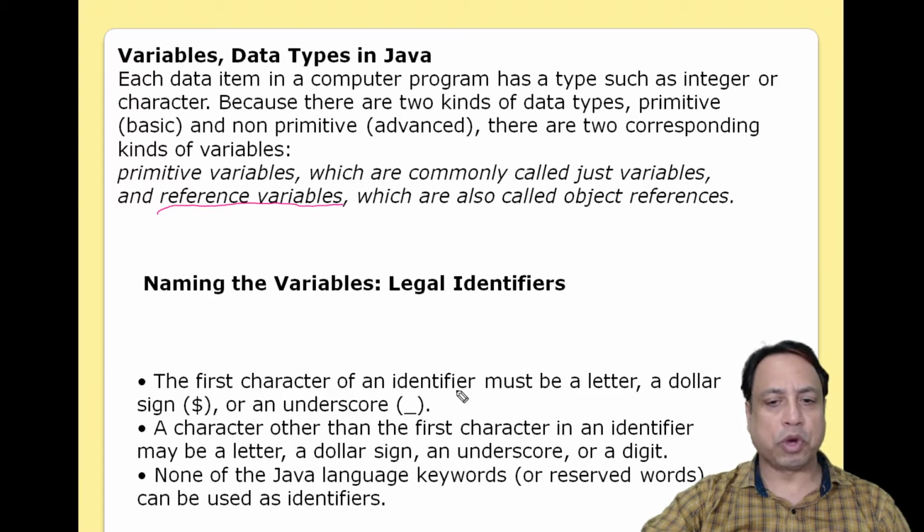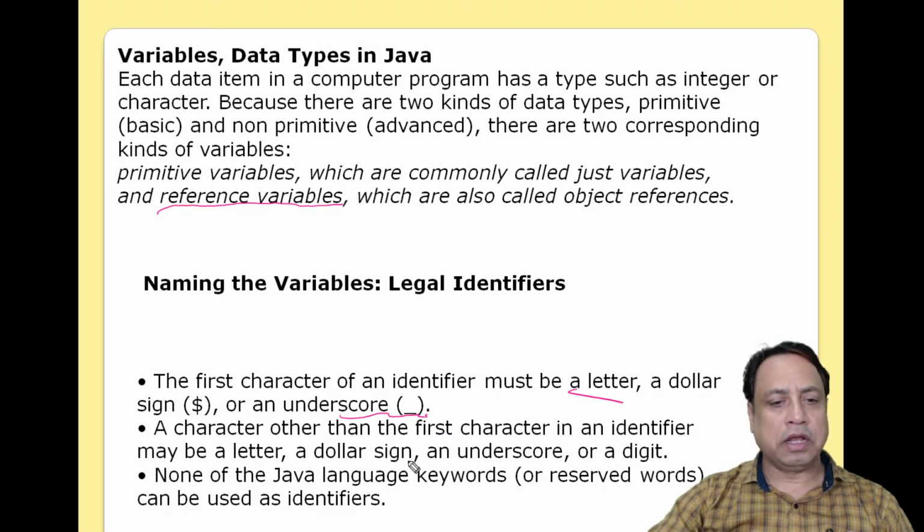So if you are a C programmer, you can relate a difference: a C variable cannot have a dollar sign in it, although a letter and an underscore are similar notation used in C language. The characters after the first can be a letter, a dollar sign, an underscore, or a digit. And none of the Java language keywords can be used as identifiers.